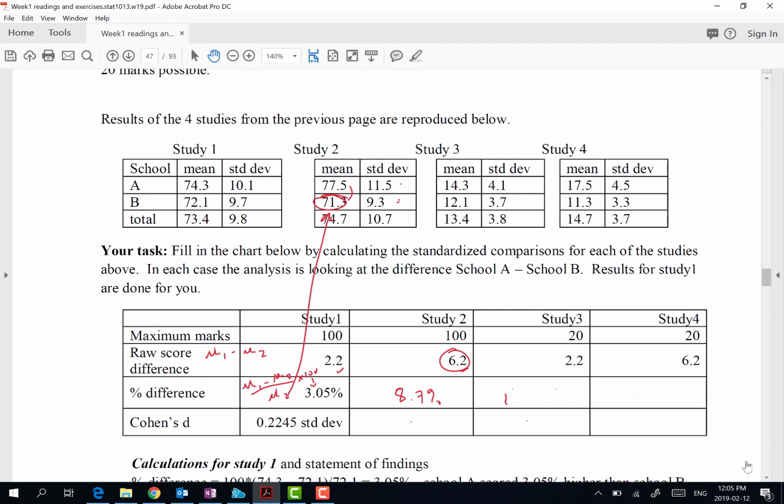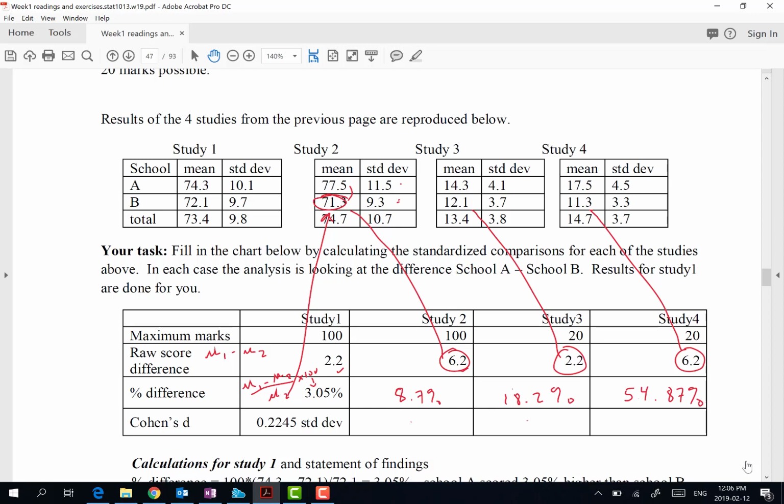In the same way, here I get 18.2%. And here, understandably, I get a much higher value, 54.87%, because this is 6.2 divided by 11. This is 2.2 divided by 12. This 6.2 is divided by 71, so we get a smaller percent difference.